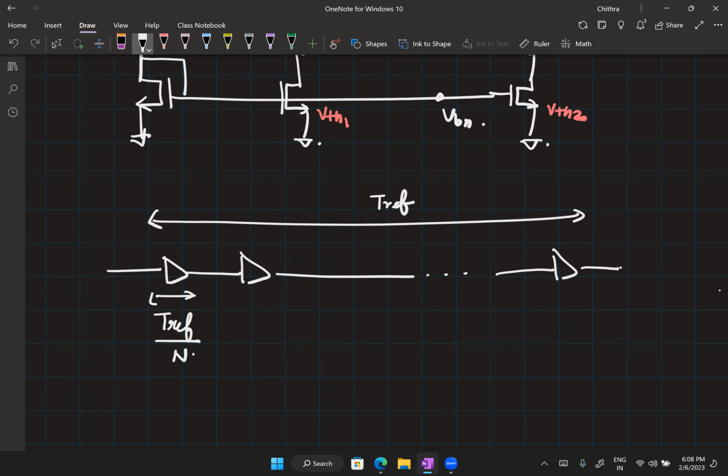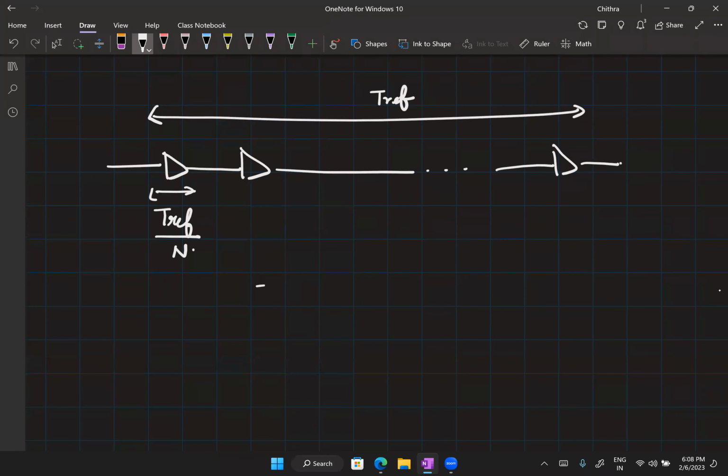If they have different transistor properties, maybe the mu is different, VTH is different, what will happen is, let's take the ith buffer delay, we would expect it to have Tref by n, but instead it will be Tref by n plus some Ti, right?